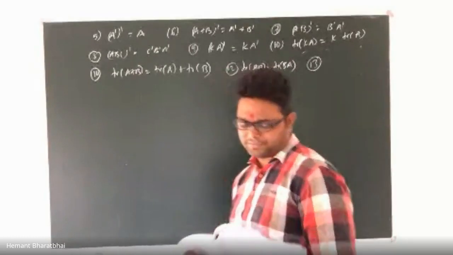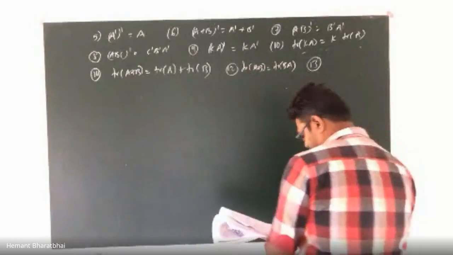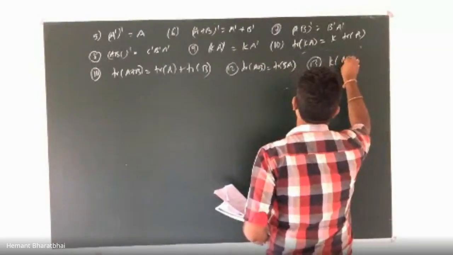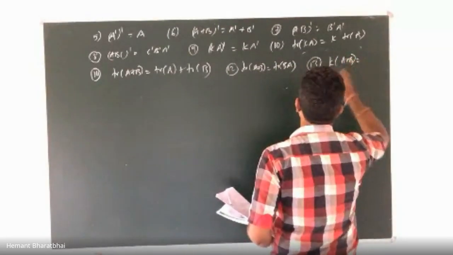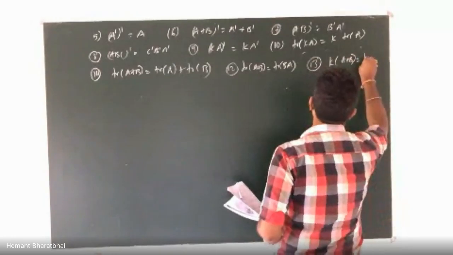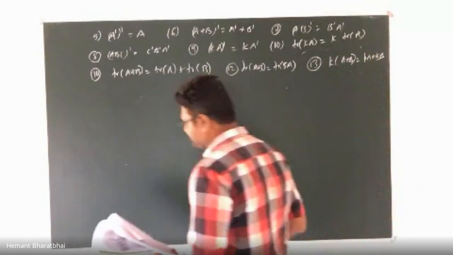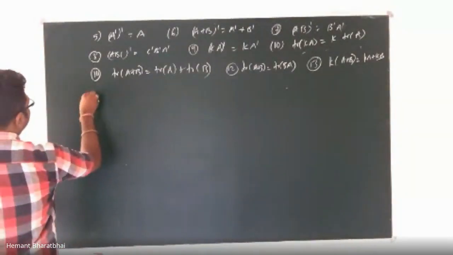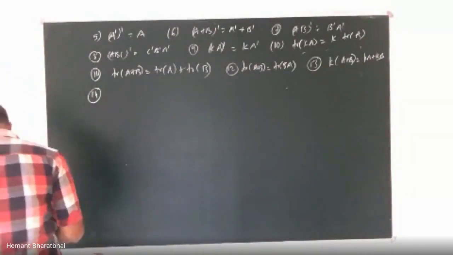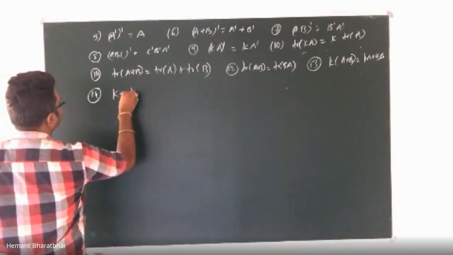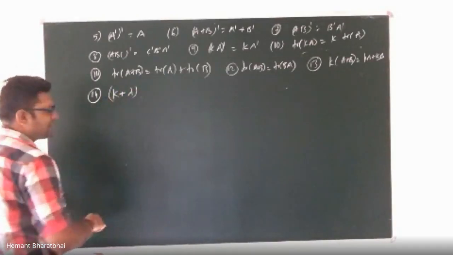We have properties for scalar multiplication also. And that is K times matrix of A plus B will be equal to KA plus KB. Next, K plus lambda, these are two scalars.